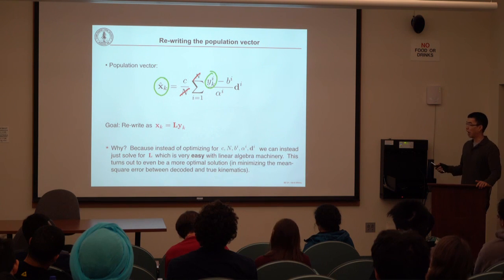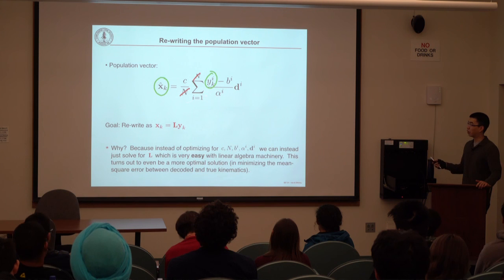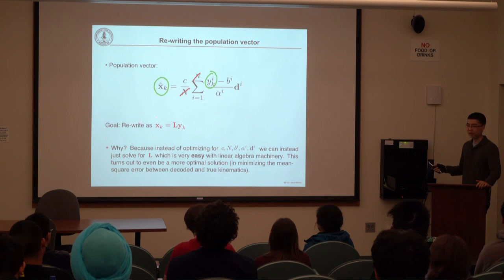We're going to write this equation as just one matrix operation, and then use linear algebra machinery to solve for L given our observations of the kinematic data, the xk's and the yk's.